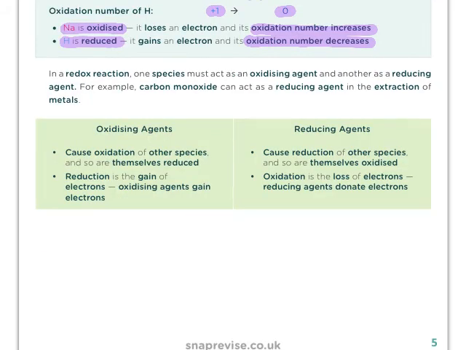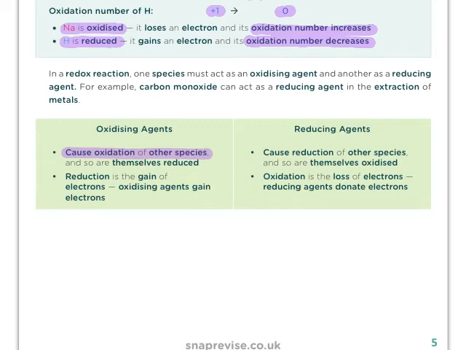Sometimes you're asked what an oxidizing agent is, or a reducing agent in a particular experiment. So as long as you can remember that oxidizing agents are the substances that cause oxidation of other species. Okay, so an oxidizing agent is often the one that is reduced.